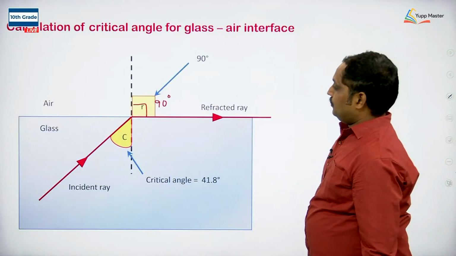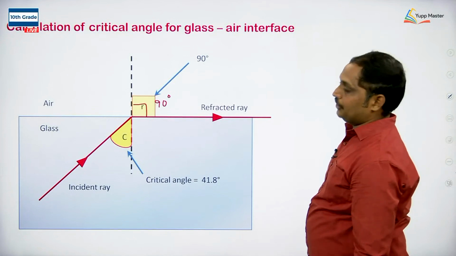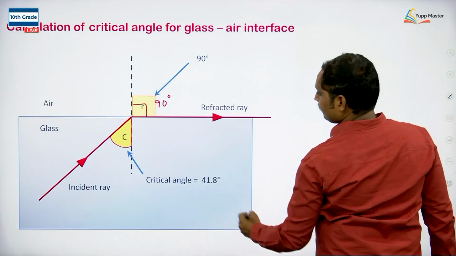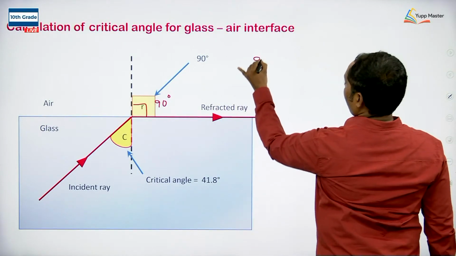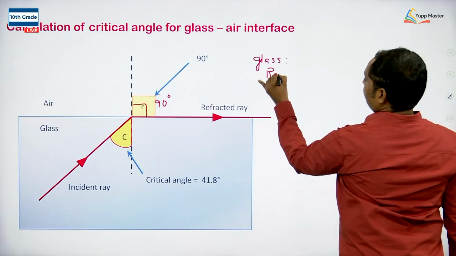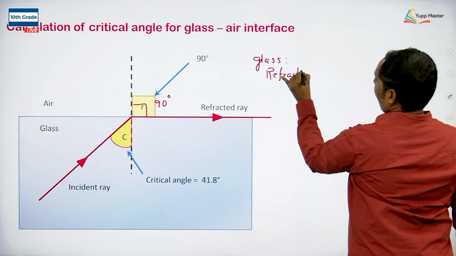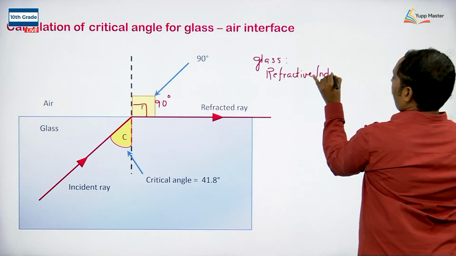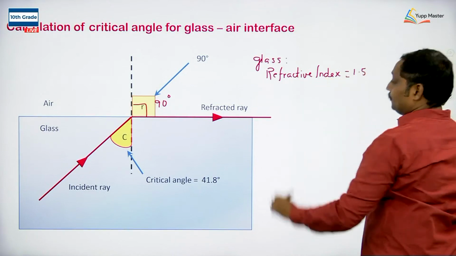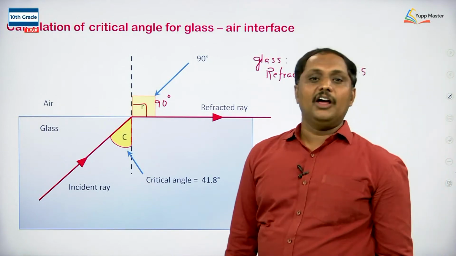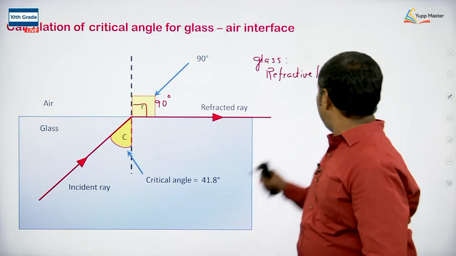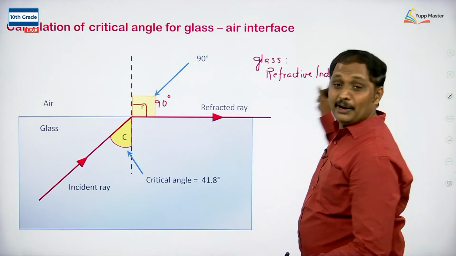So, you can easily identify that. Calculations are also simple, you can do that. Here, for glass, if you are going to take that, its refractive index is 1.5. If you take different glass materials, they have about 1.5.